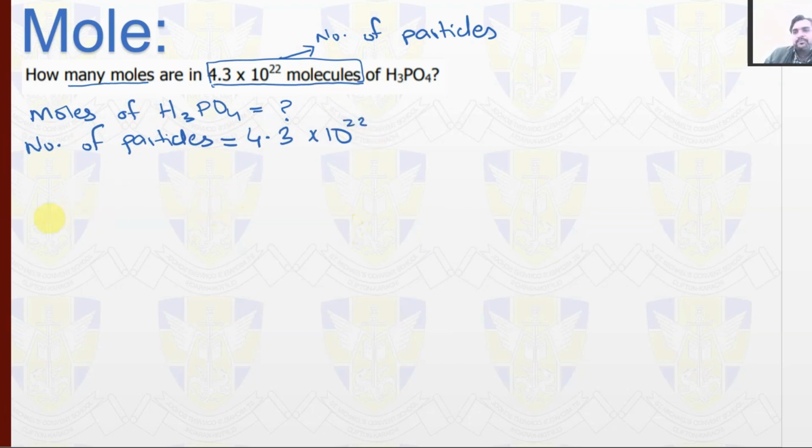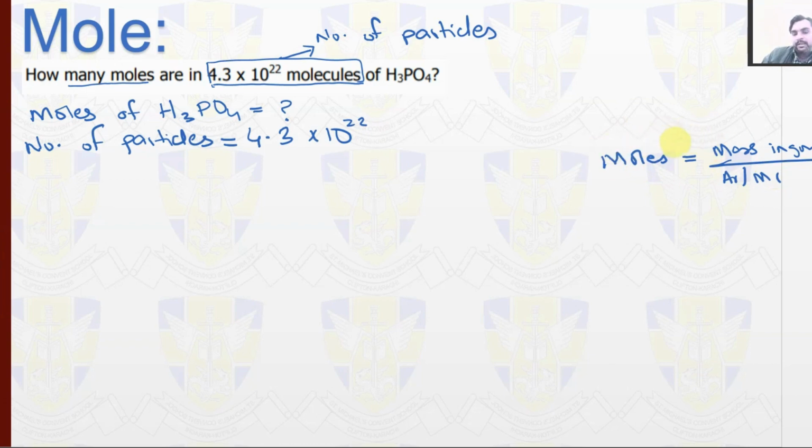So which formula do I have to apply for calculating the moles? If you say, okay sir, in the first formula, moles equals mass in grams divided by Ar or Mr. So can I apply this formula for calculating the moles? We are having the moles in this formula as well, but I cannot use this formula.